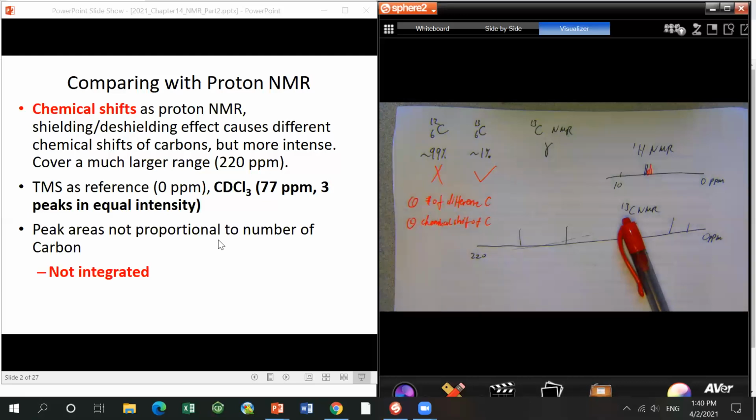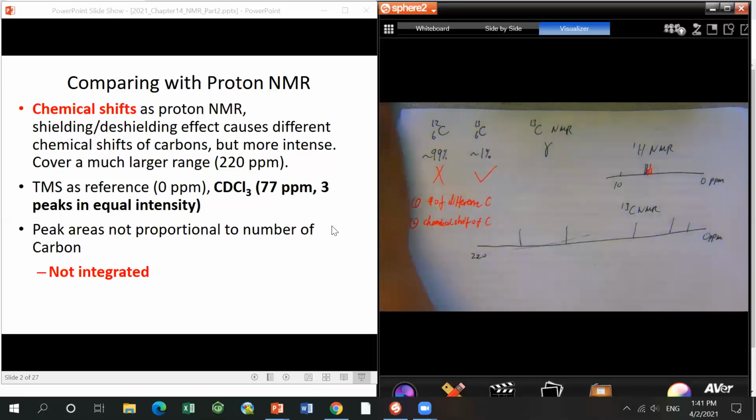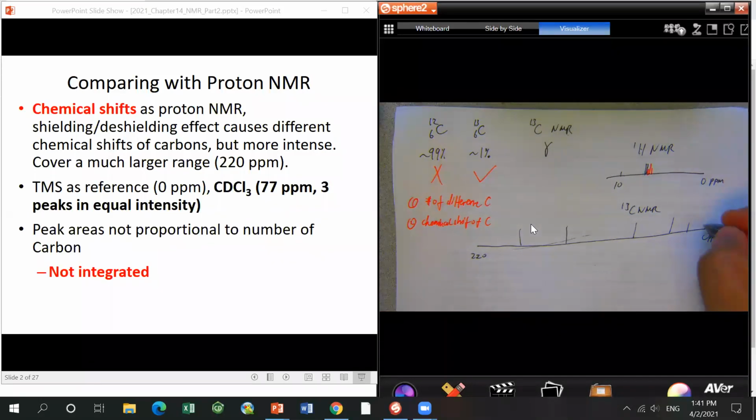For carbon NMR, we normally also add a little bit of TMS as the reference. Normally we won't see it, but quite often if we see a small peak at 0 ppm, that's not from your sample, that's from the TMS.